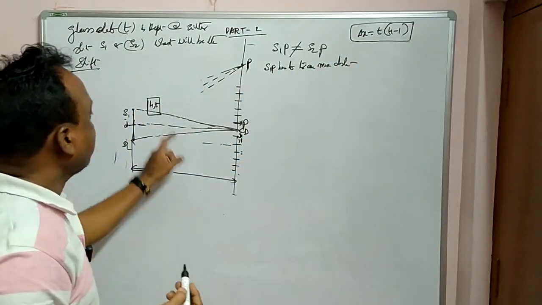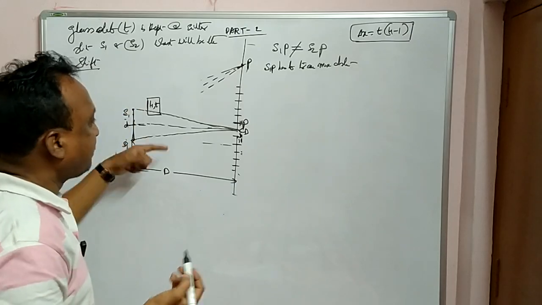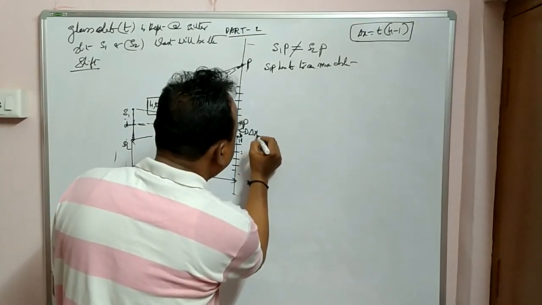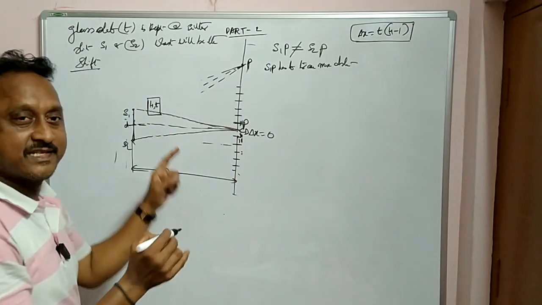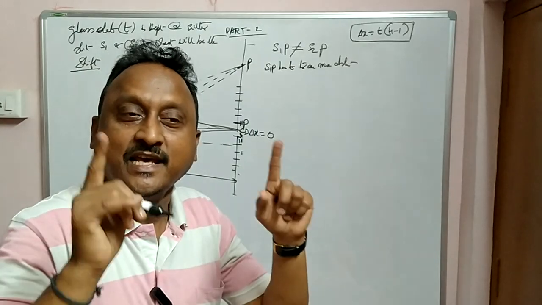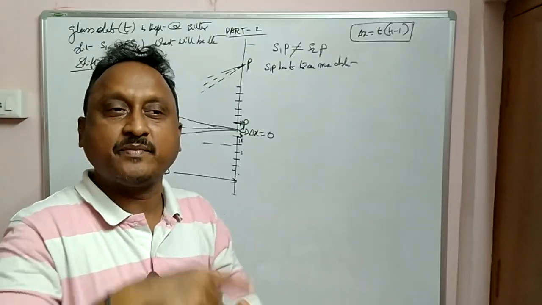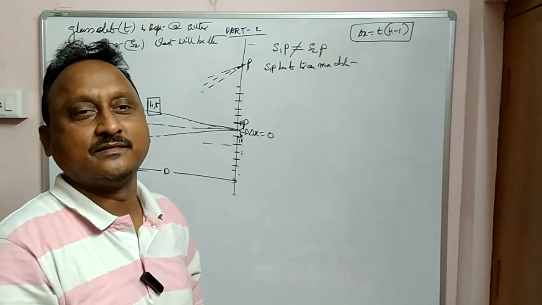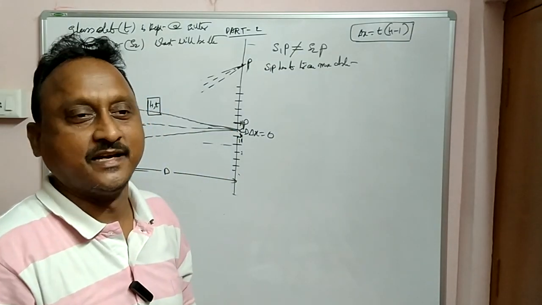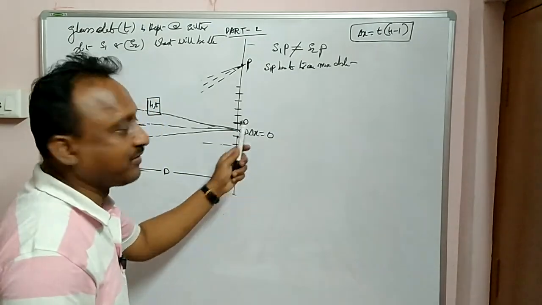Now the difference between these two, delta x, is not 0, because S1P is not equal to S2P, because the glass slab is kept in the first slit, not in the second slit. So delta x here is not 0.